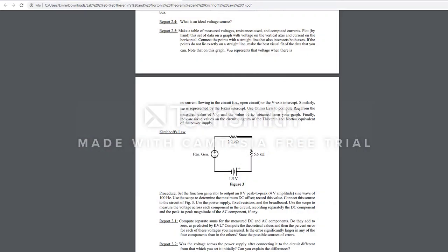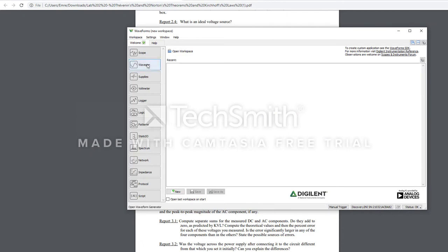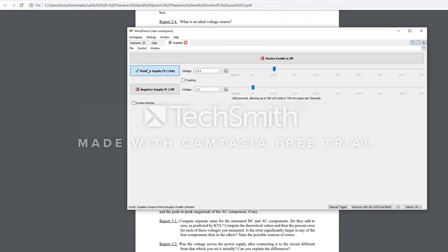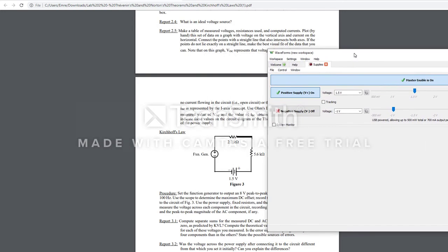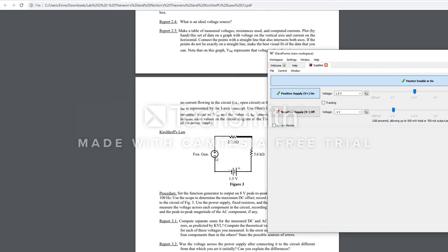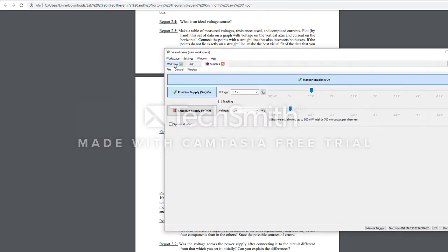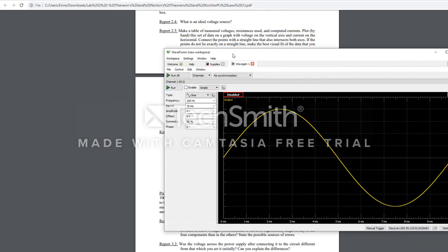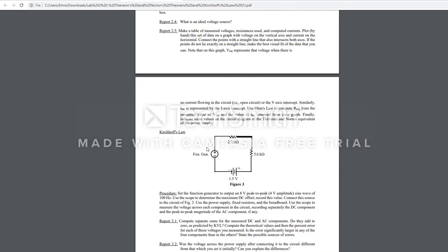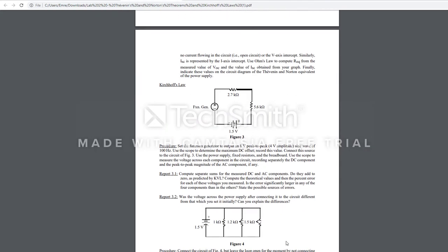All right, so let's go to WaveForms. Our positive supply is on with 1.5 volts. That's done. Now we need an AC voltage. Remember from last week, for AC voltage, we go to WaveGen.